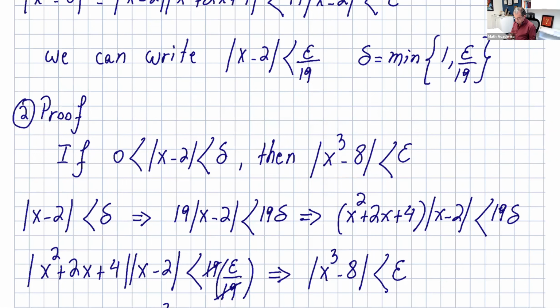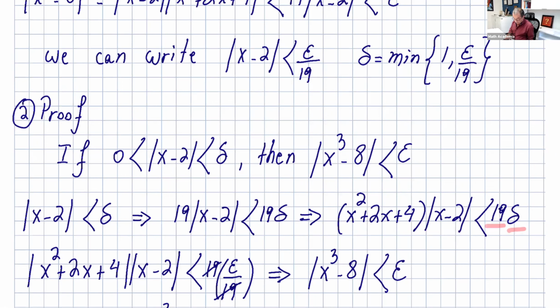Multiply both sides by 19. 19 times the absolute value of x minus 2 is less than 19 times delta. 19 we know we can substitute by x squared plus 2x plus 4, and this is always positive, times the absolute value of x minus 2 is less than 19 times delta.